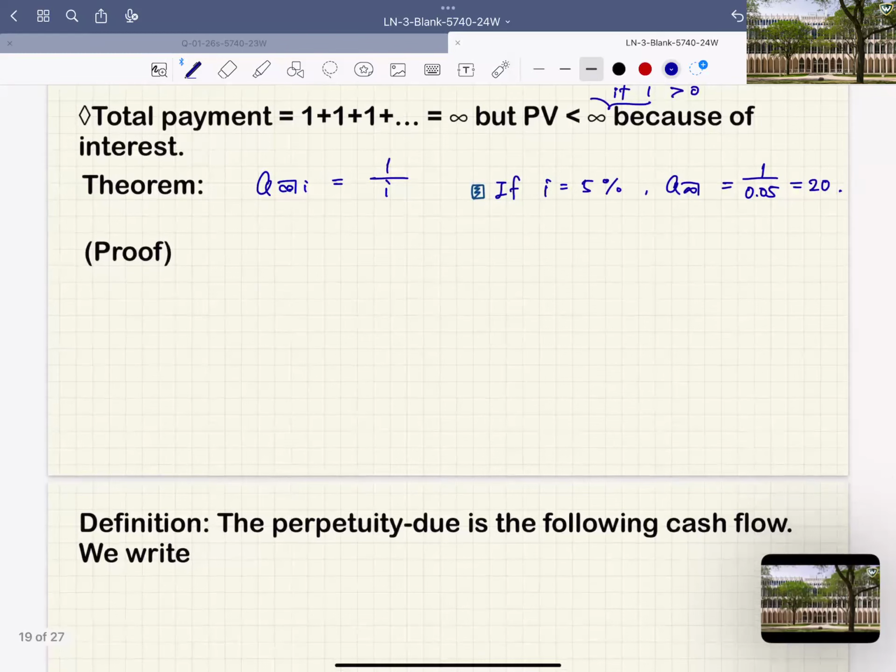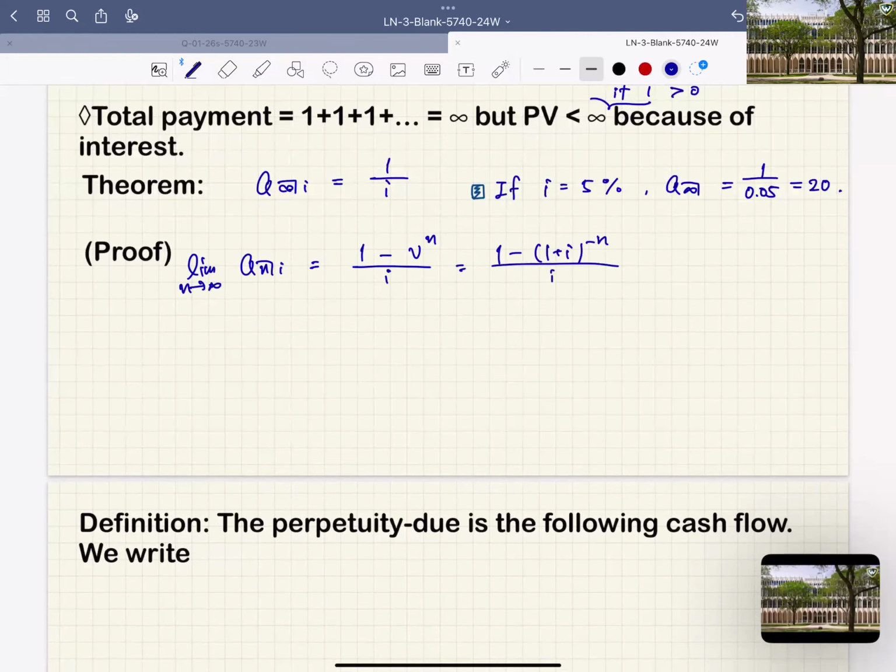And the proof is just taking the limit of this formula. So the limit as n goes to infinity of a angle n at i, which is 1 minus v to the power n over i. Okay, to be exact, 1 minus (1 plus i) to the power negative n.